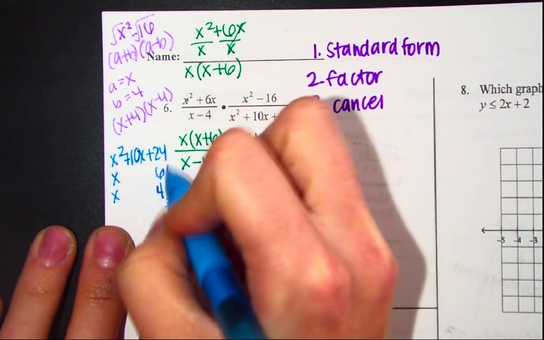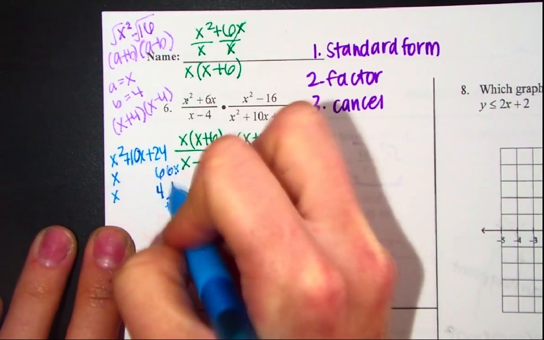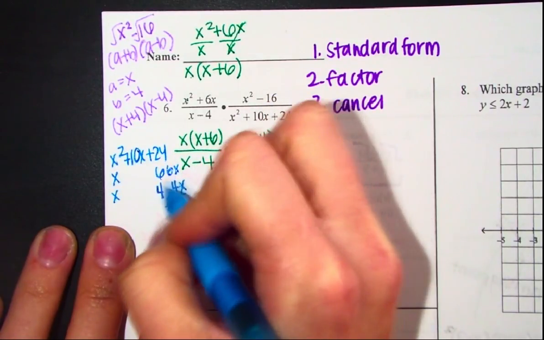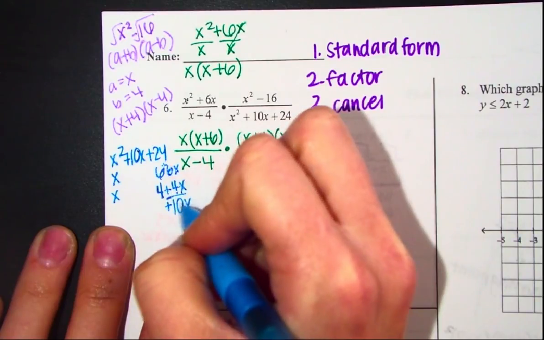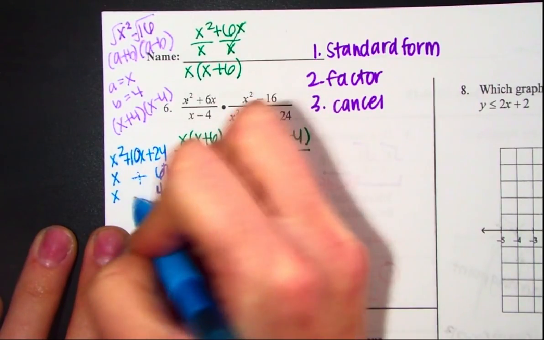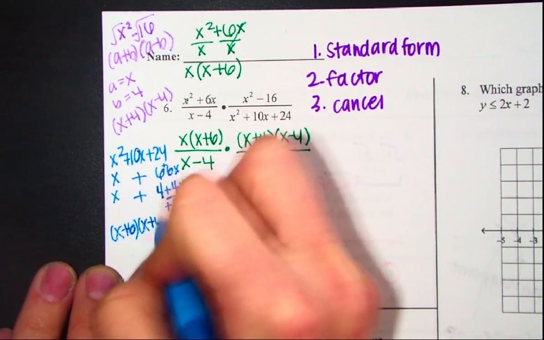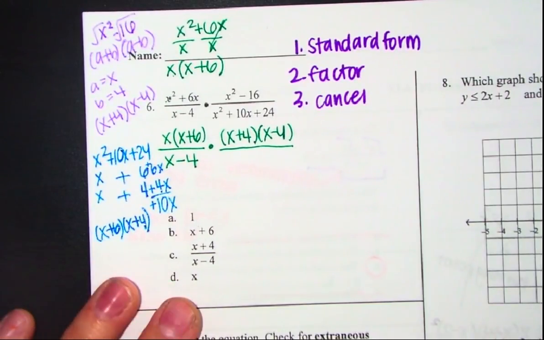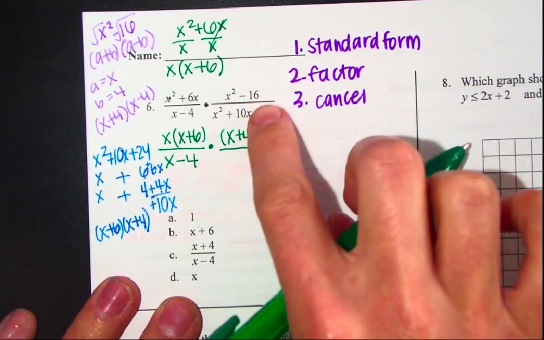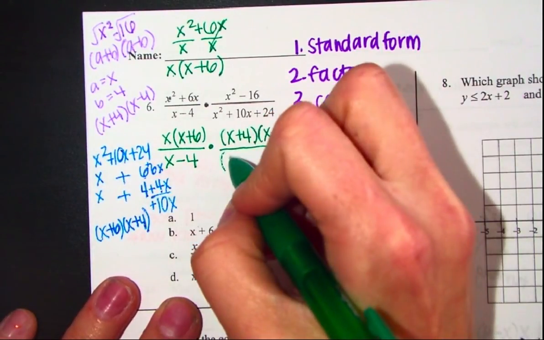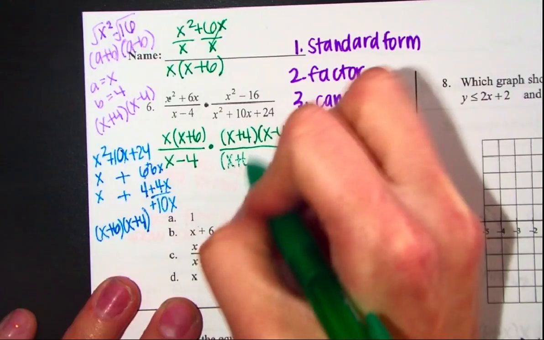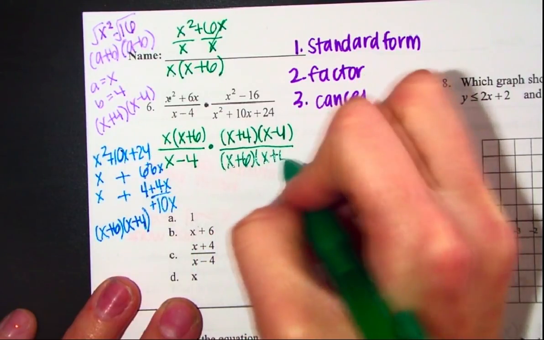So multiplying diagonally, I get 6x and 4x. Both of these would have to be positive to give me positive 10x. Carry over the positive, carry over the positive. Your factors are x plus 6 and x plus 4 for the bottom of your fraction when I factor x squared plus 10x plus 24. So we get x plus 6, x plus 4.